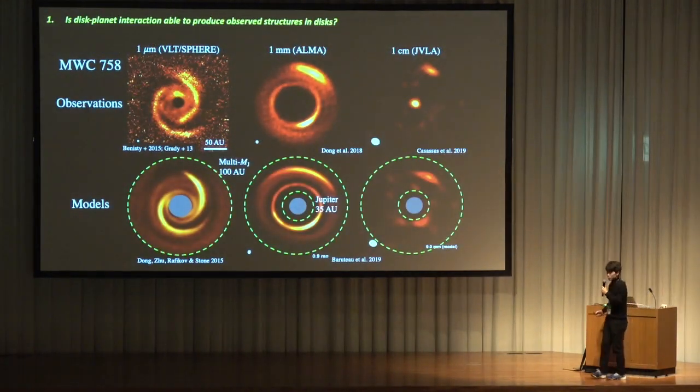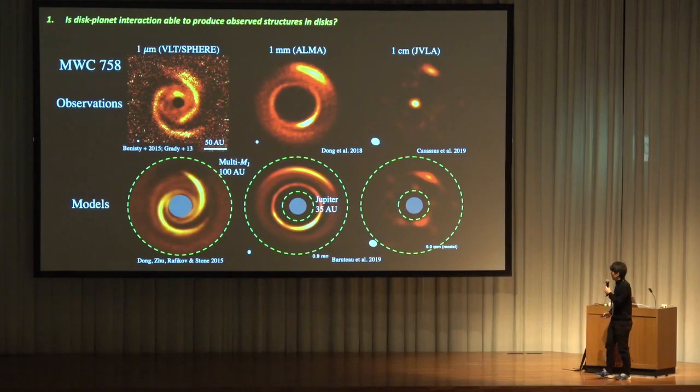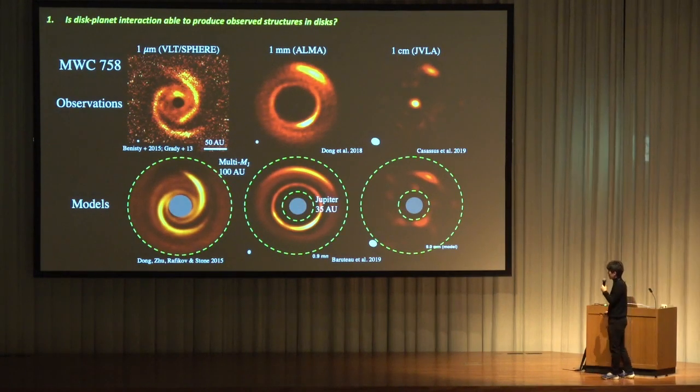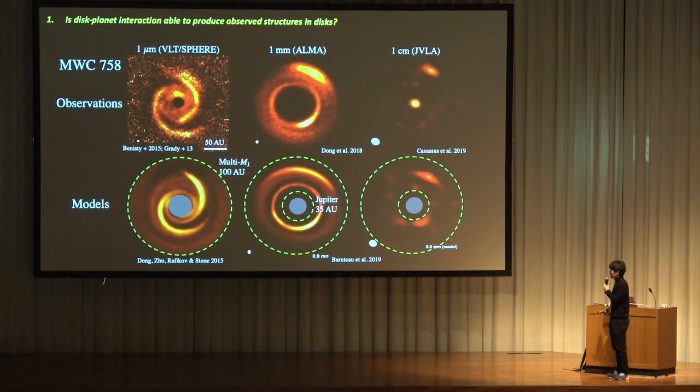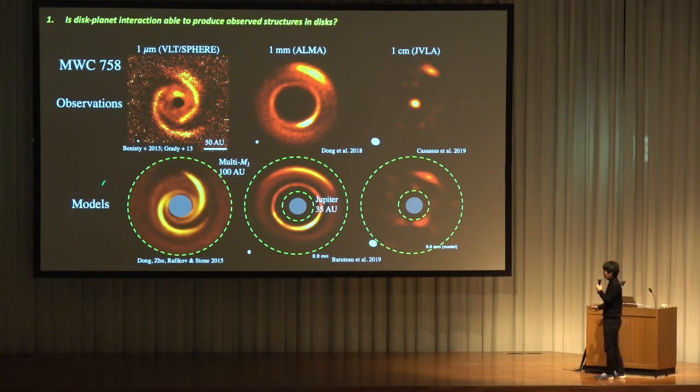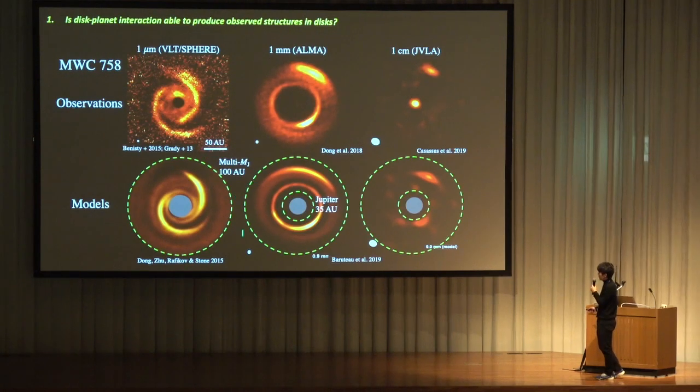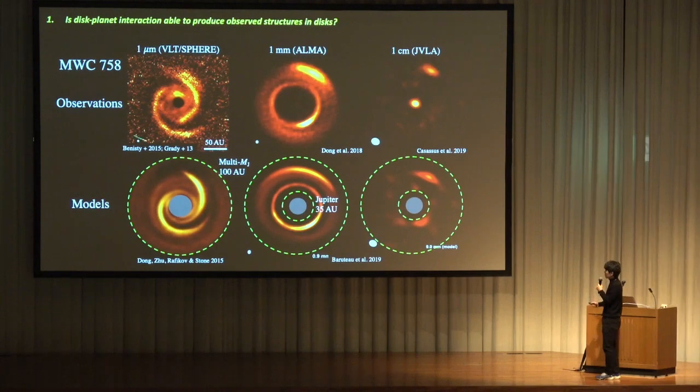So at the bottom, we have 3 synthetic observations of disk planet interaction models. They represent how we think planet-induced structures will look in observations. So in the first model, we can see a multi-Jupiter mass planet on the outside can drive a pair of grand design arms inside its orbit in scattered light, similar to the observation.